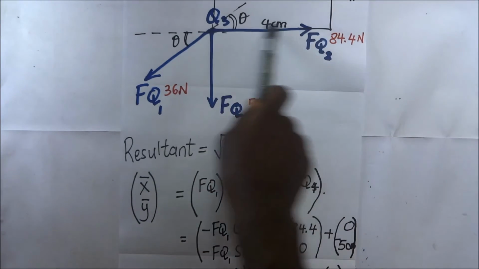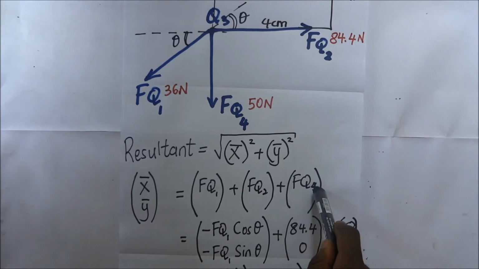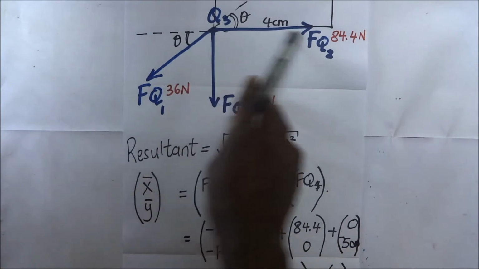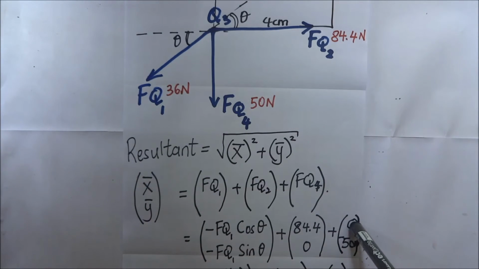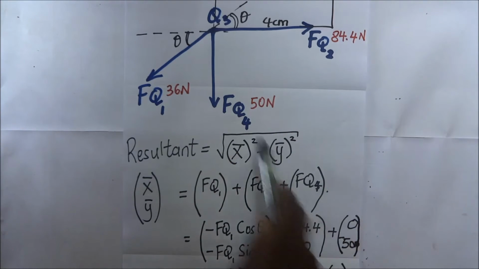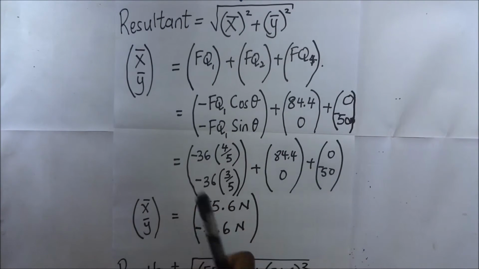And in the y direction, this force does not have any component, so that is 0. Plus FQ4. FQ4 has got no component in the x direction, so that's how we have a 0. And then in the y direction, it is negative 50 newtons. So we do the arithmetic, we substitute for those cases here.